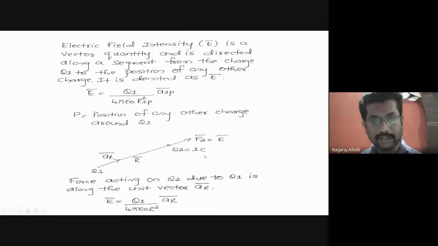Q2 is 1. So E bar is equal to Q1 divided by 4 pi epsilon naught R square into A1P bar, or it is AR bar here, because the distance between Q1 and Q2 is R bar, as we have taken in this figure. Hence, we are getting E bar is equal to Q1 divided by 4 pi epsilon naught R square into the unit vector, that is the direction AR bar. Okay. We are just replacing the charge Q2 by 1 coulomb. Unit charge we are considering, 1 unit of charge.